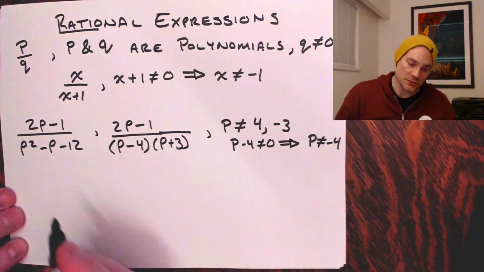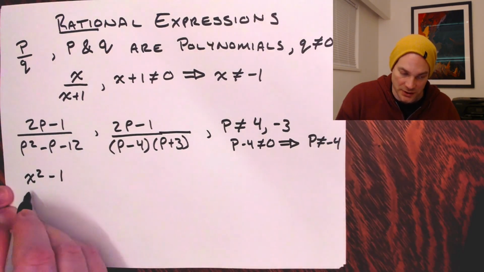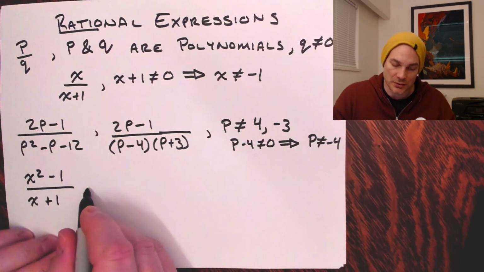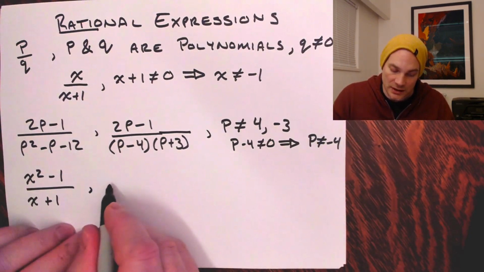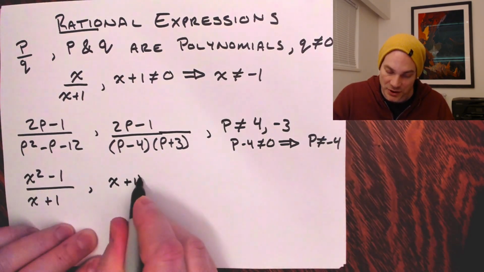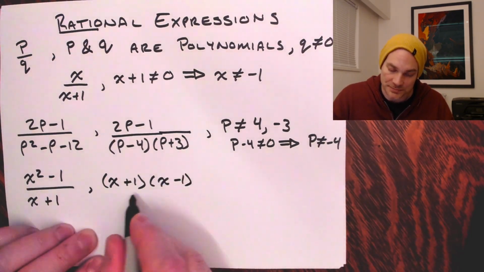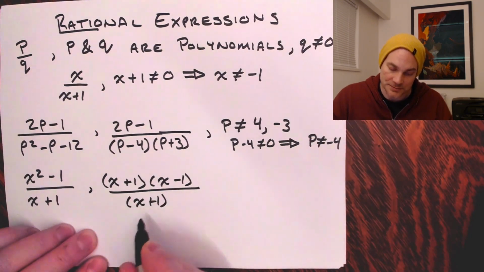Okay, so what if we had something a little bit more complicated? We had x squared minus 1 over x plus 1. Well, we can cancel here, but we have to factor first. We have a difference of squares, so that's x plus 1 times x minus 1 over x plus 1.